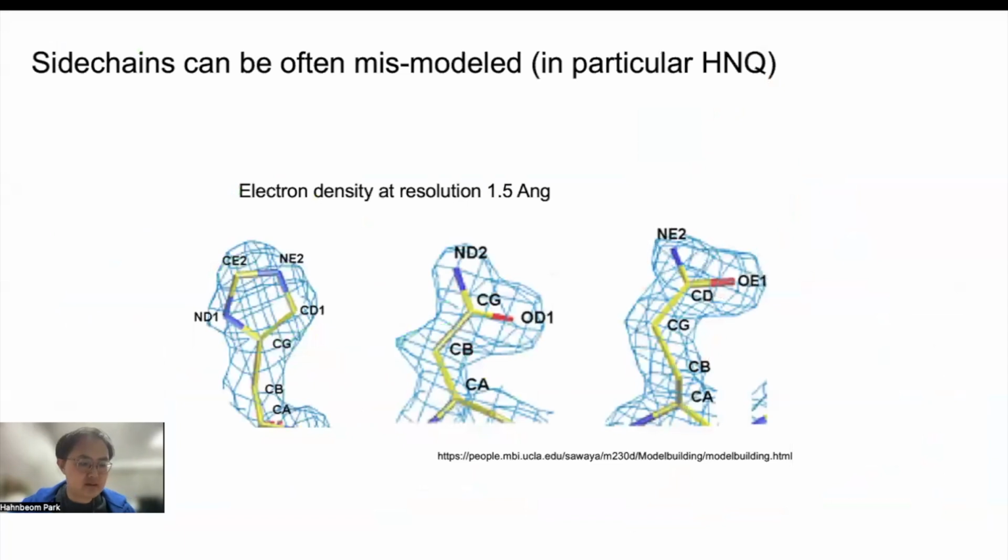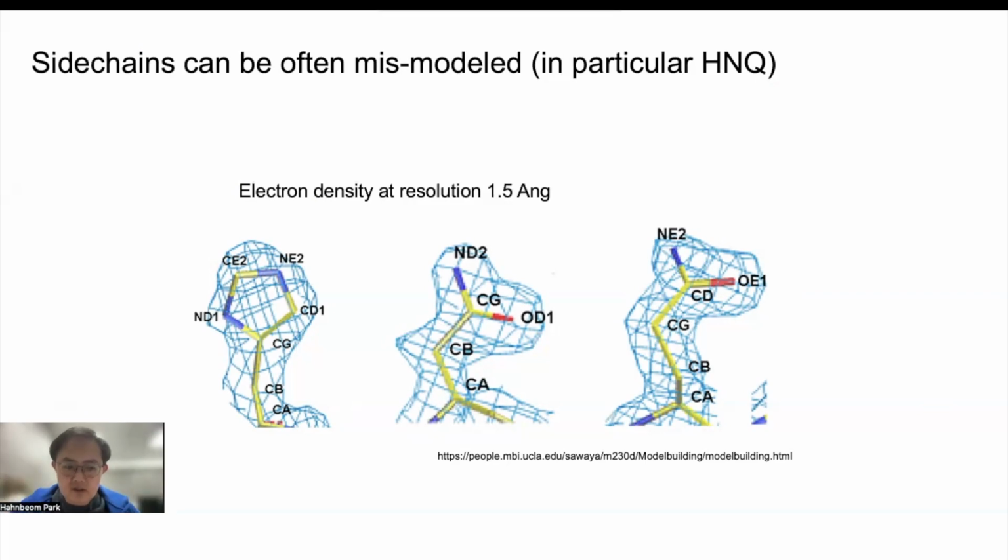And the last part is side chains. And side chains could be easily mismodeled. One reason is because side chains are more dynamic than backbones. So their densities are usually poorer than backbone densities. But besides that, there are certain side chain types that you cannot distinguish from the electron density. What electron density shows is just the shape of the side chains.